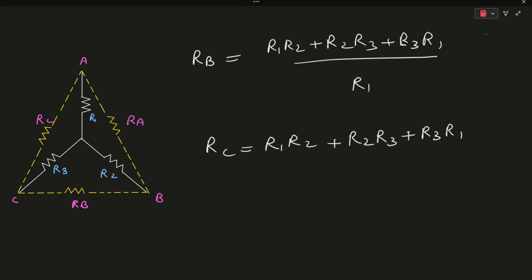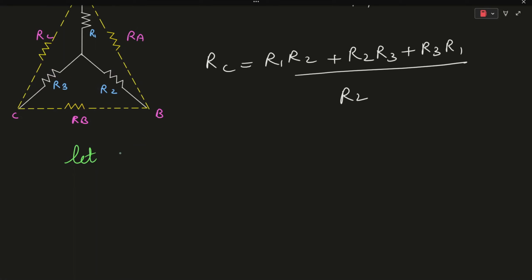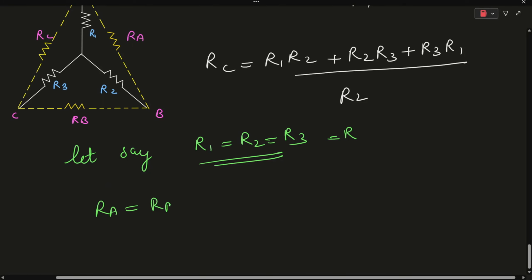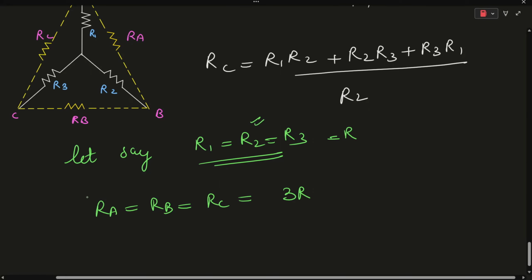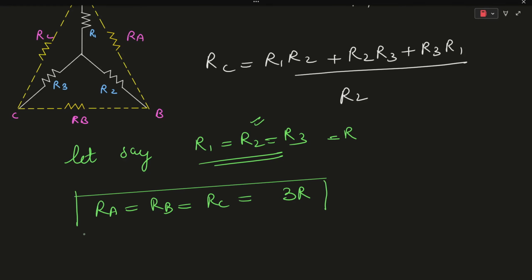Let's say in a special case the value of R1 equal to R2 equal to R3, all the resistors are equal, and let's say they have a value of R. Then the value of RA equal to RB equal to RC will be equal to 3R. So if all the resistances of a star system are equal, the value of the resistance increases by 3 times when we convert a star system into a delta system.